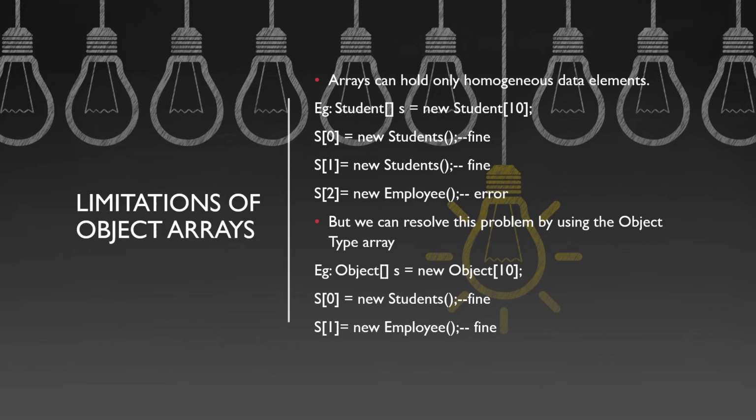If we add an employee type object to a student type array, we get an error. But we can resolve this problem by using an object type array. We can create an object type array and easily add student type objects as well as employee type, because every class implements the Object class. That's why we can easily add all of these.